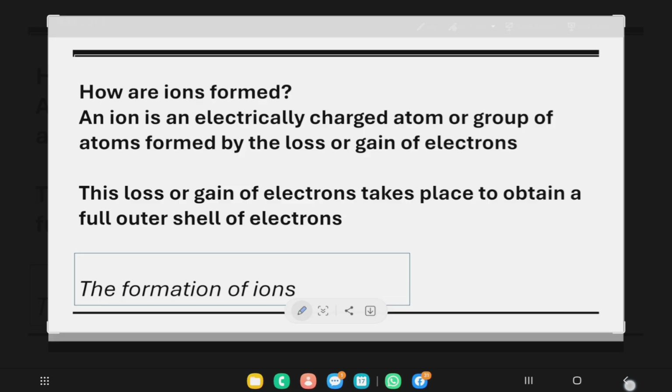When that is achieved, we would have attained the corresponding noble gas configuration, the nearest noble gas configuration. So this is how ion is formed. Ion is formed by either gain or loss of electron. Meanwhile, ion itself is an electrically charged atom or group of atoms.